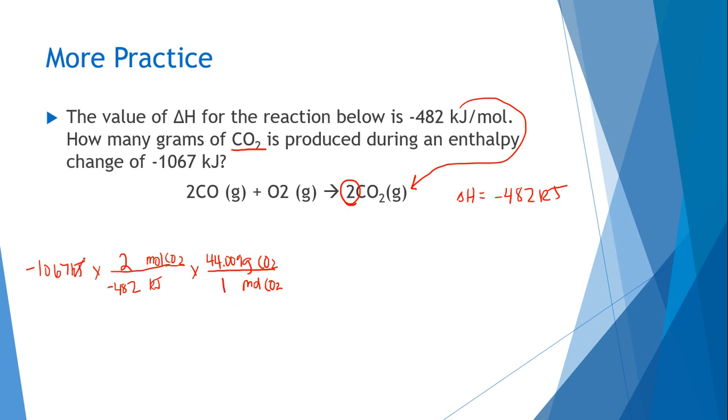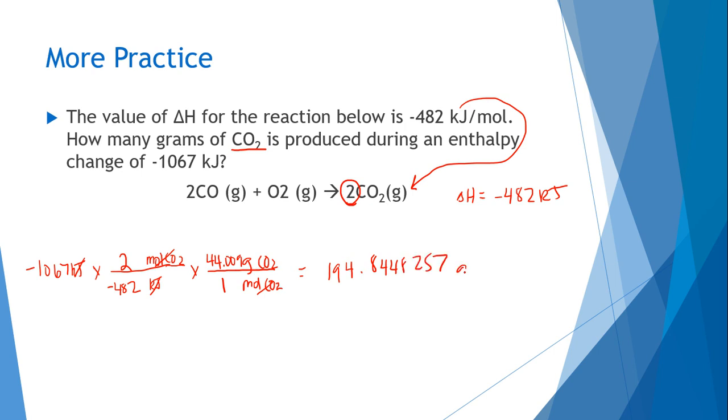Now I've canceled out my kilojoules, I've canceled out my moles, and that leaves me with grams, so you can go ahead and solve. So negative 1067 times 2, because that's on top, divided by the negative 482 on the bottom, and then multiply that by the molar mass, and you get 194.8448257.